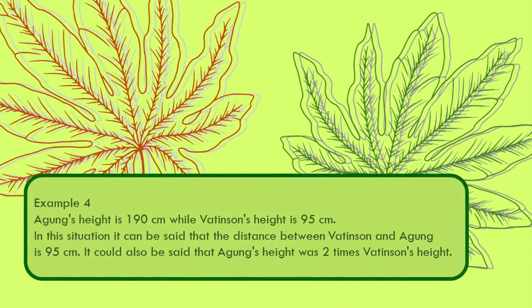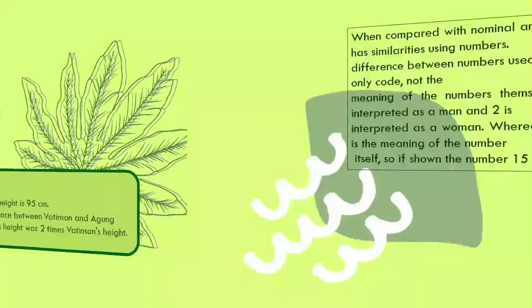Agung's height is 190 centimeters, while Fattinson's height is 95 centimeters. In this situation, it can be said that the distance between Fattinson and Agung is 95 centimeters. It could also be said that Agung's height was 2 times Fattinson's height.